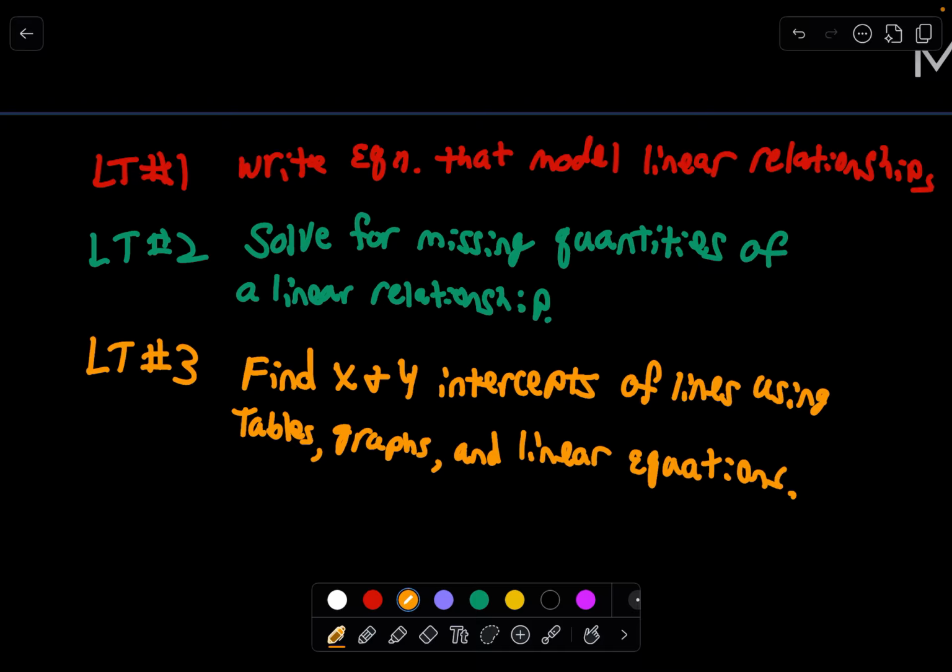Okay. You'll find these learning targets on your student guide. So if you can't read that, or if you want to see the typed out version, it's going to be on your student guide. I just don't have it in front of me right this second.